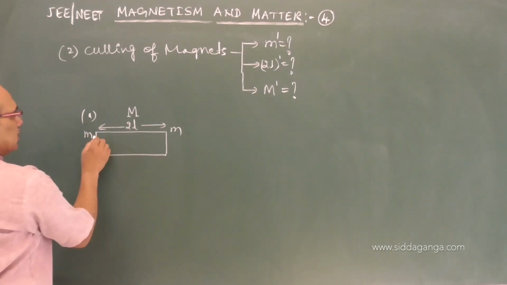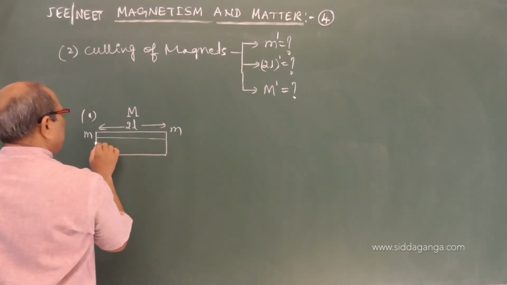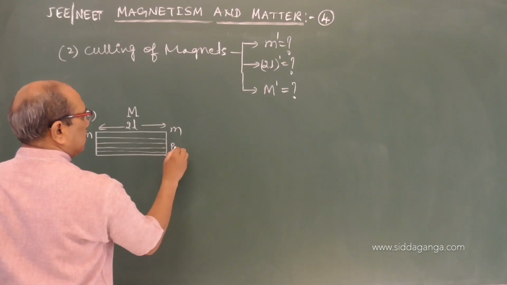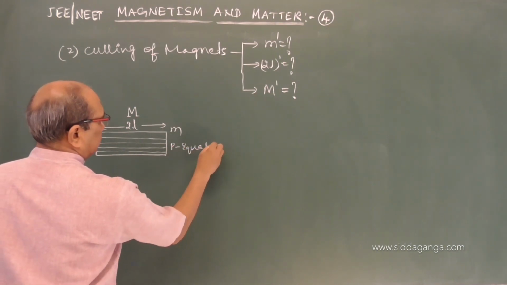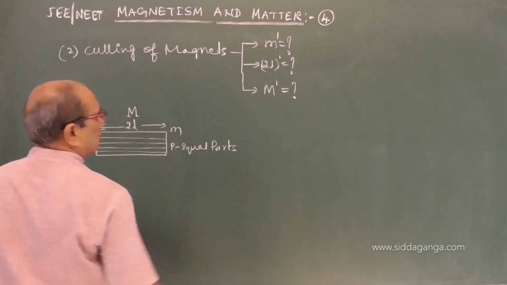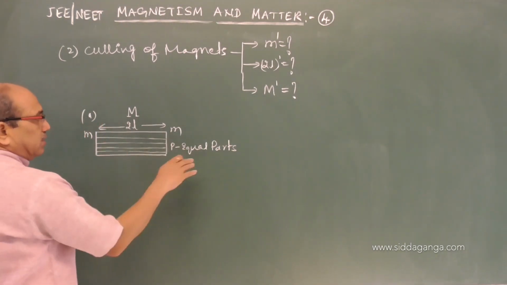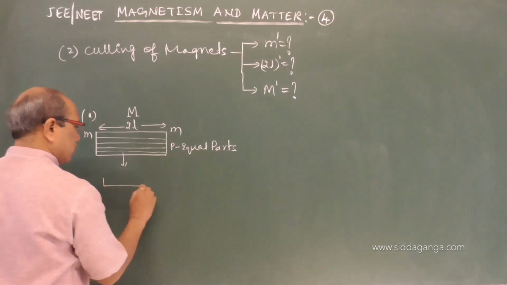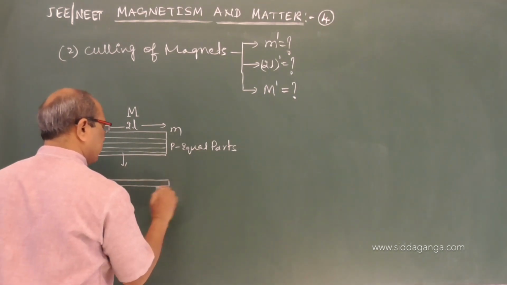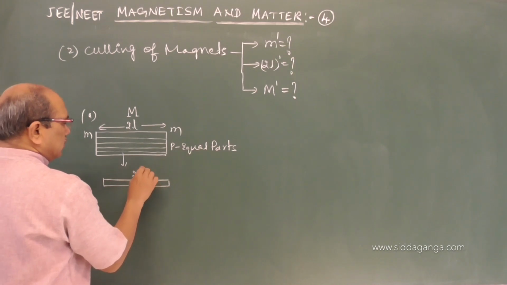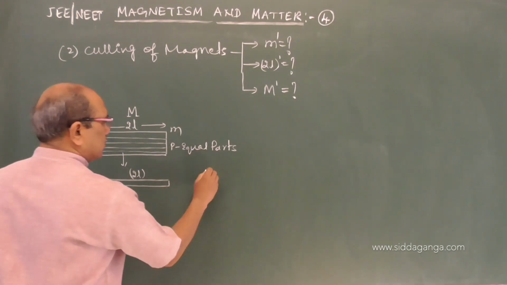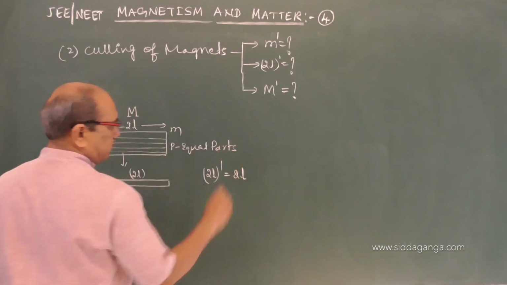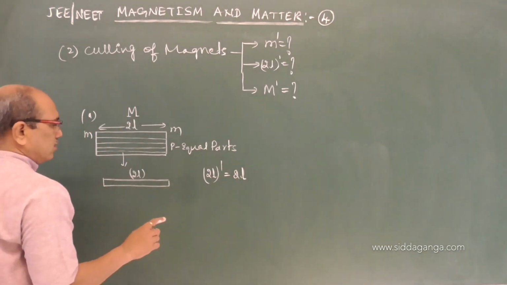Now if it is cut into P equal parts along the axis of the magnet, then if I take one piece, one part, you are seeing the length is not changed. That means I can write 2L dash is equal to 2L only. No change in the length.